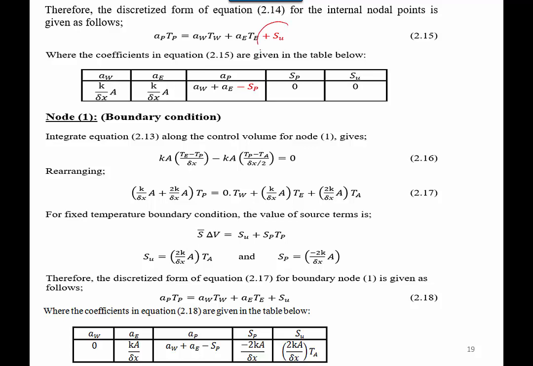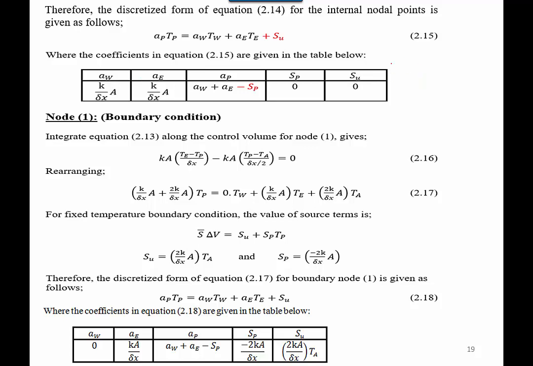This red value is added just for the sake of programming, and the parameters of this equation 2.15 will be shown in this table.